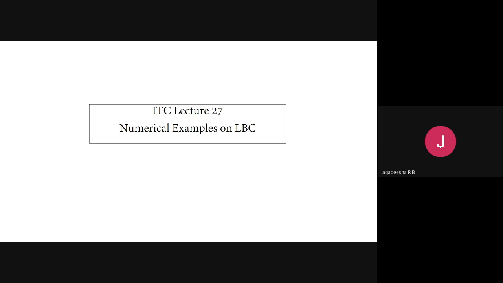If the channel adds some noise, that ultimately reaches the receiver, or the decoder. The decoder will try to decode it. In order to decode it, it has to do some computations based on the received data. It has to compute something called a syndrome vector. With the help of the syndrome vector, it can decide whether the received code word is exactly what was transmitted or not.